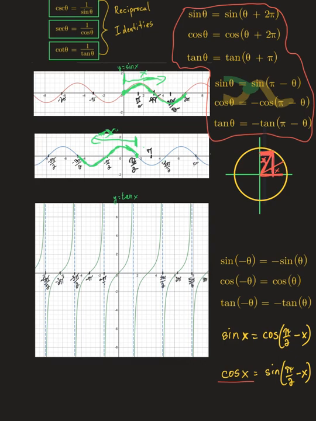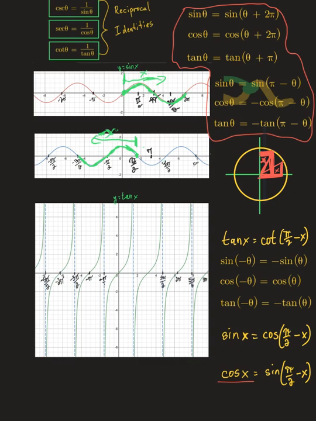Well, the distance to the right will be the same as the height of tan, and the height will be the same as the distance to the right of tan. Right? So the tangent of x will just be equal to the cotangent of pi by 2 minus x in the same way.